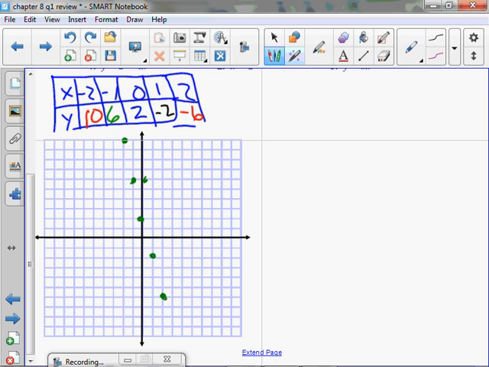And then I'm going to create a straight line through them, or as straight as I can do by hand. Actually, I'll do it with a real line so that we can see if this is linear or not.